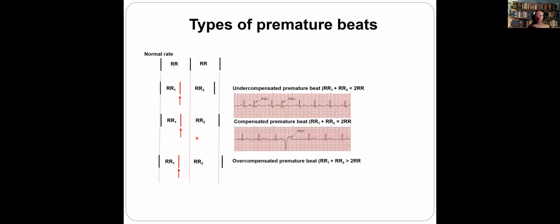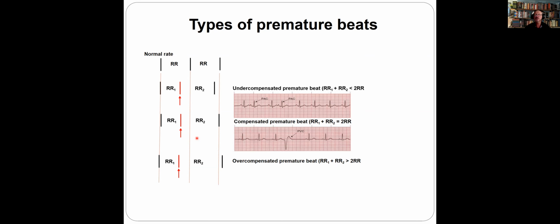If it's formed supraventricularly, meaning formed in the atrium or the AV junction, it's always undercompensated. If it's formed in the ventricle, that should be compensated.